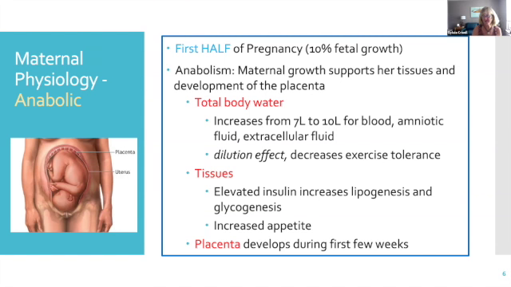Because remember, it takes a couple, 3 months to grow red blood cells and to replace them. And so right at first, what happens is she has this increased fluid, but her blood is more diluted. It doesn't have as many red blood cells per volume because she's upped her water in her body, but not the number of red blood cells.